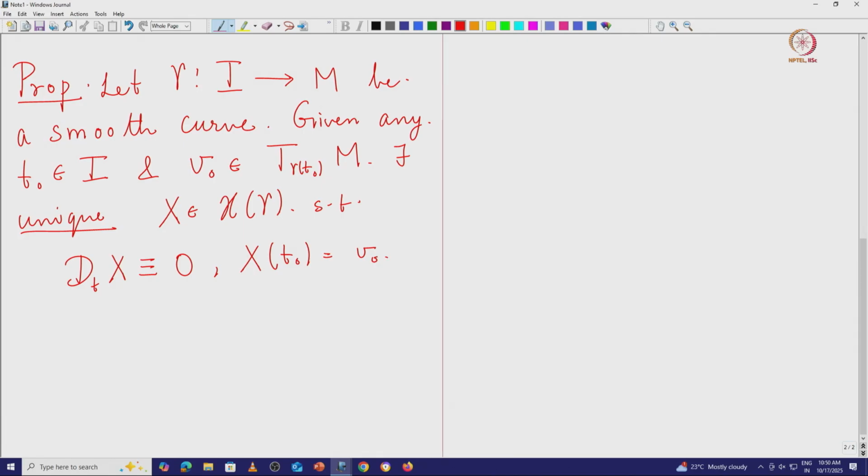So the proof of this proposition is going to rely on the following basic existence theorem for linear ODEs, ordinary differential equations, and the key point here is linear. So let me remind you of what this says.